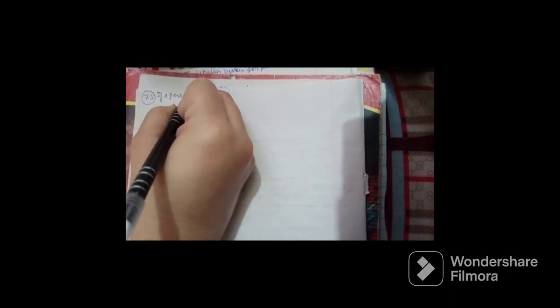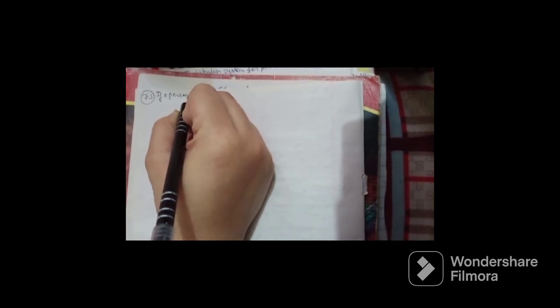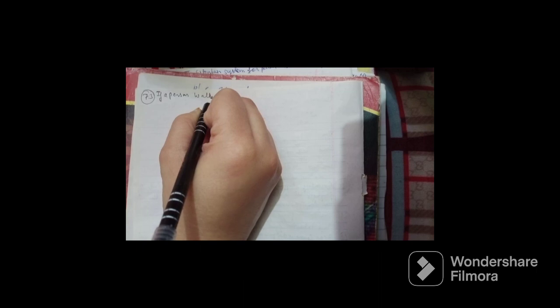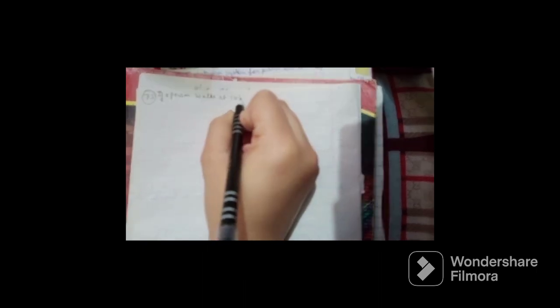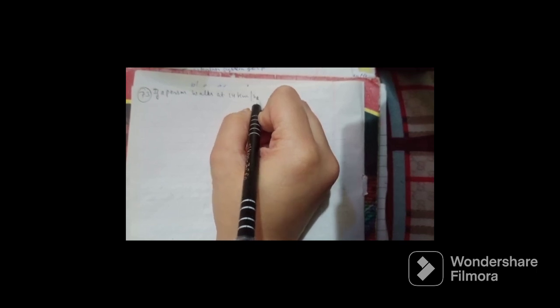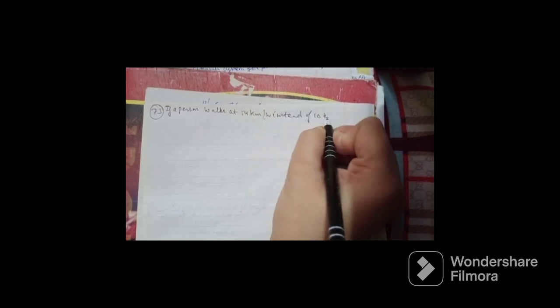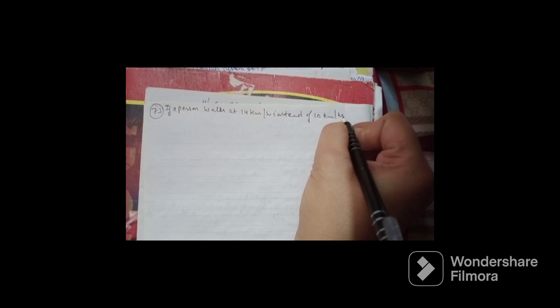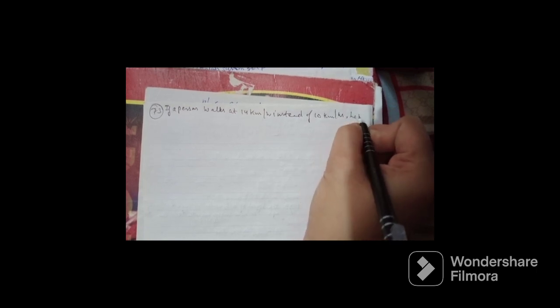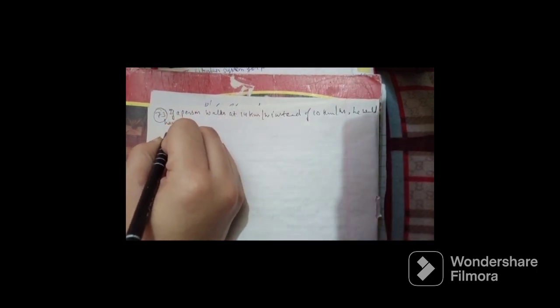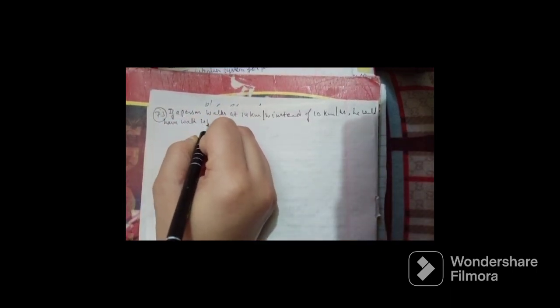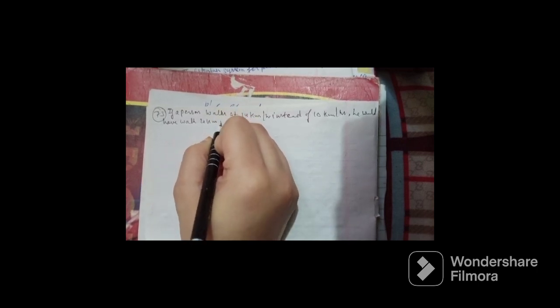If a person walks at 14 km per hour instead of 10 km per hour, he would have walked 20 km more.